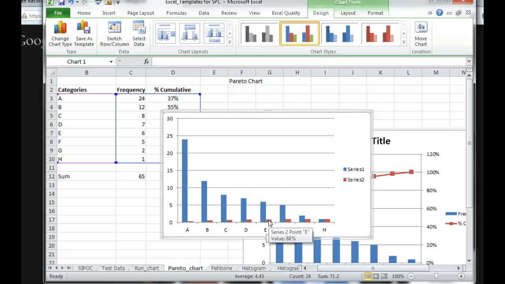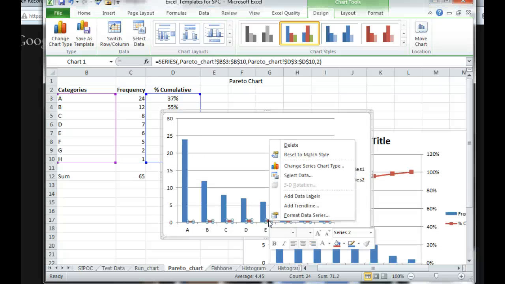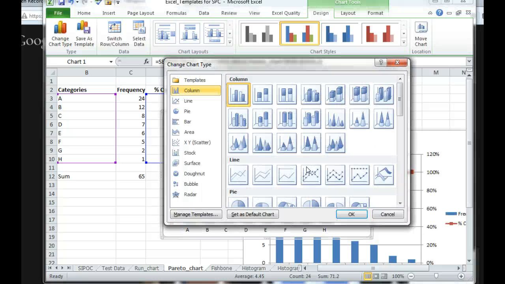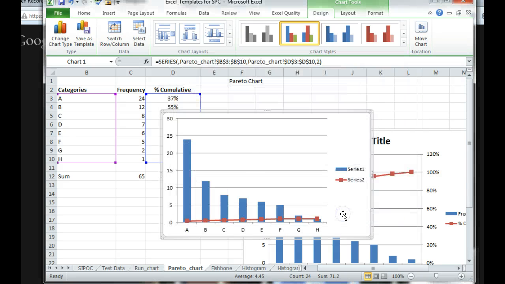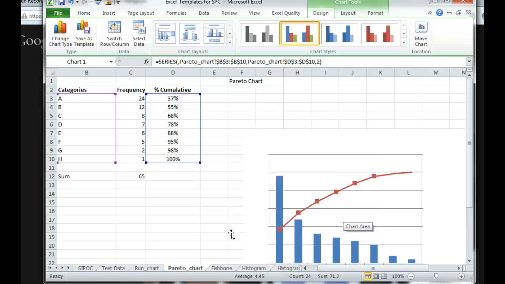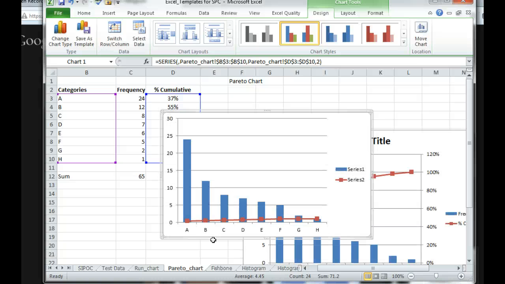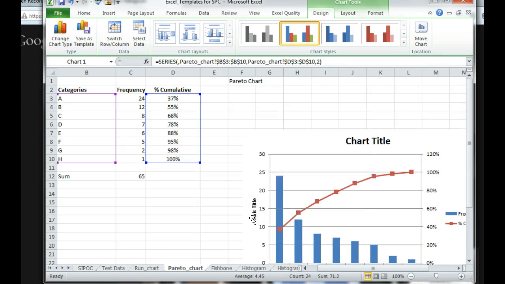To get that, you right click on one of those data points and select change series chart type. You open it up and say, for this side I want a line chart, and we do an OK. So now I've got a line chart, but the axis still is on the left side. So I'm going to do it one more time.